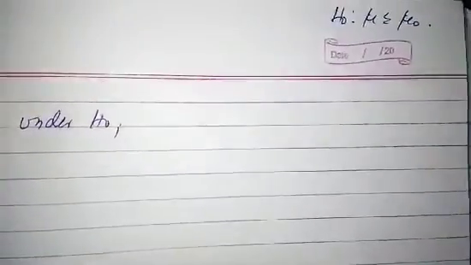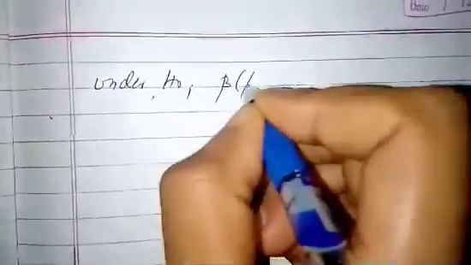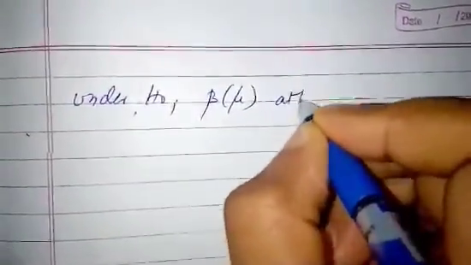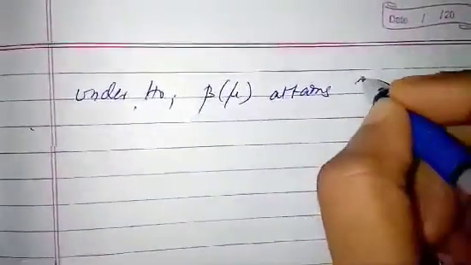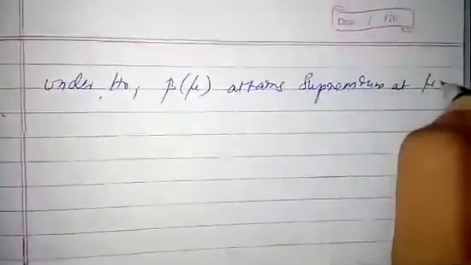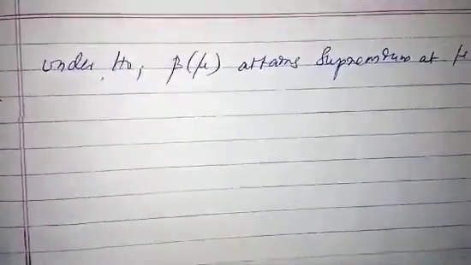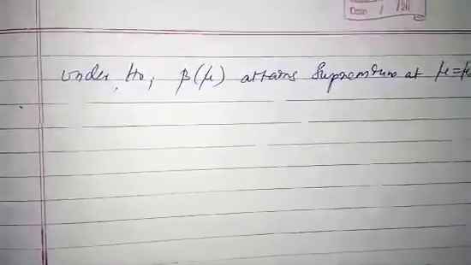In this case H naught is mu less than or equal to mu naught. Then under H naught, beta of mu is a non-decreasing function of mu, therefore beta of mu attains its supremum at mu equal to mu naught.